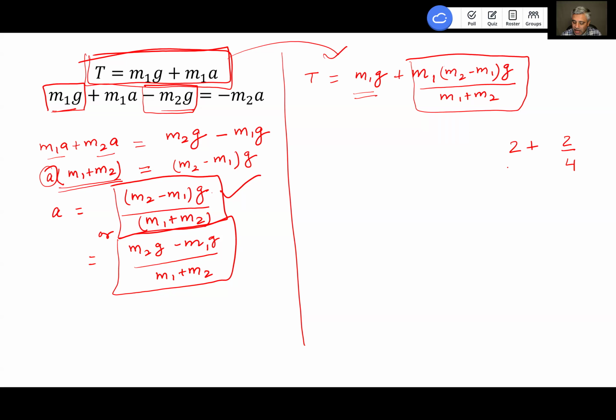So if I want to add this with this fraction, I want to make this fraction with the same denominator before I can add them, okay? For that, what would you do? Maybe you want to multiply by 4 and divide by 4. That way you're not changing anything here, but by writing it this way, you made this denominator the same. So that way you can just write one common denominator as an LCM.